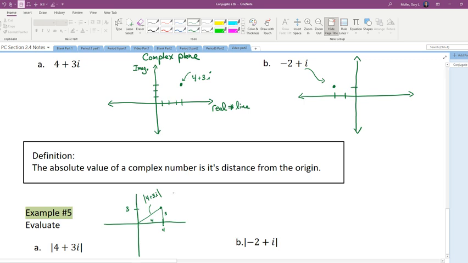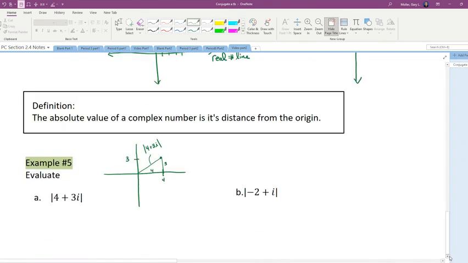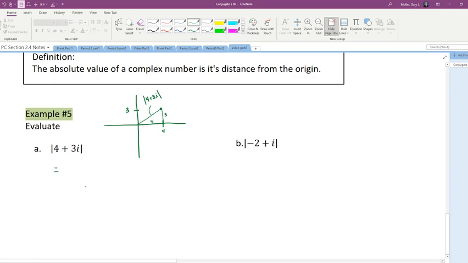And so we know the answer to this question is going to be found by simply doing 4 squared plus 3 squared, which is 16 plus 9, which of course is 25. And we are looking for the square root of that. And so the answer is 5. So the absolute value, remember to write the question when you answer a question, the absolute value of that would be 5.